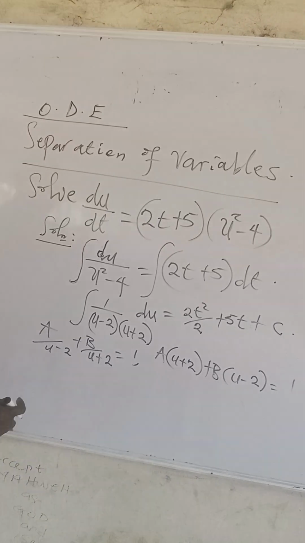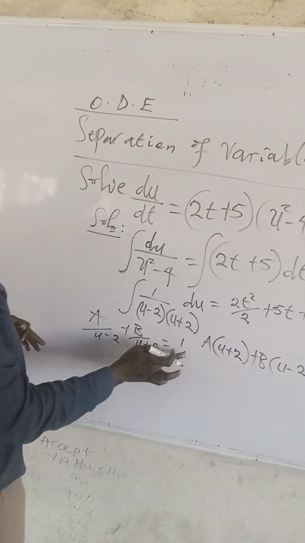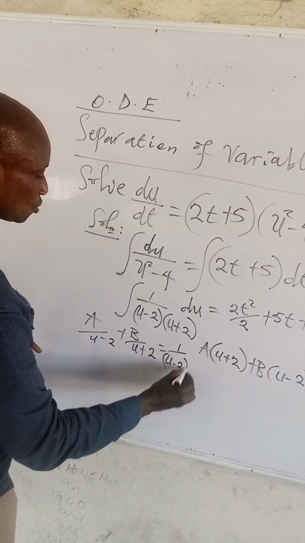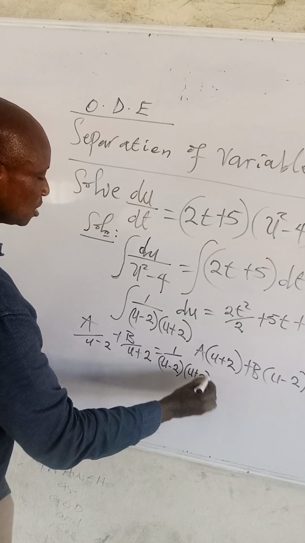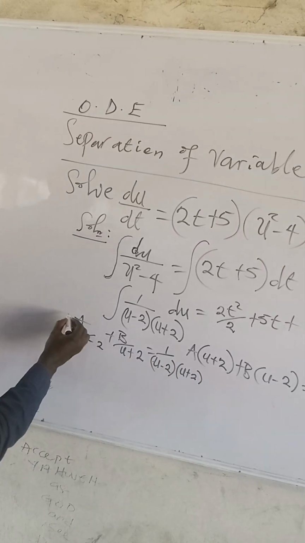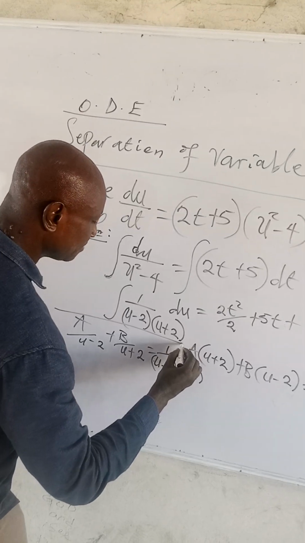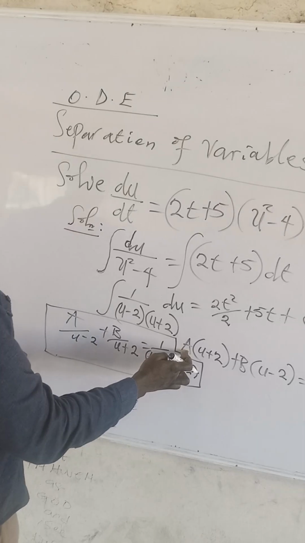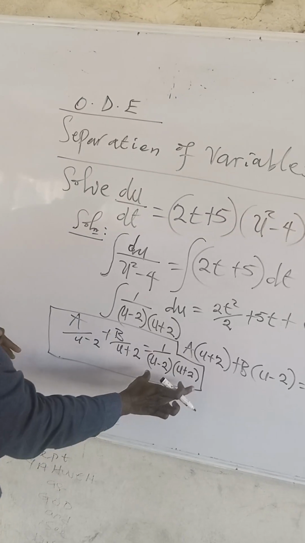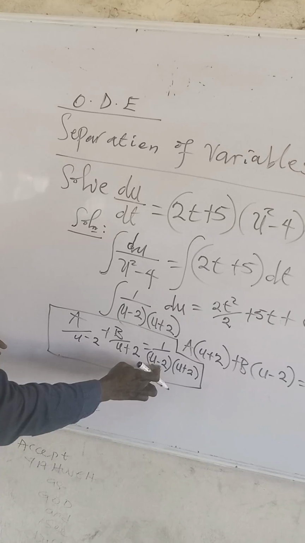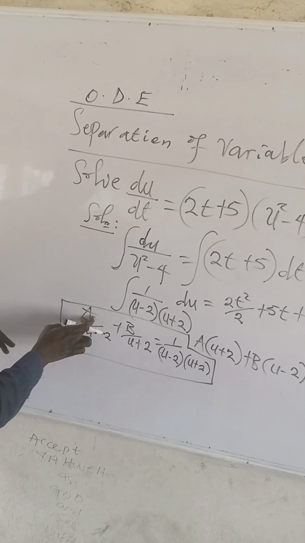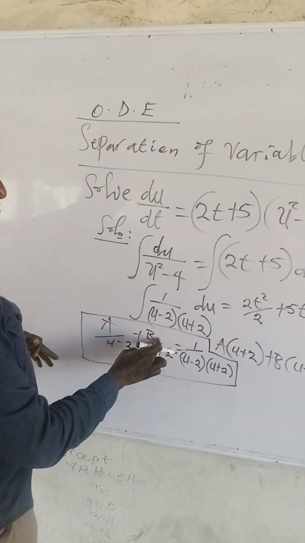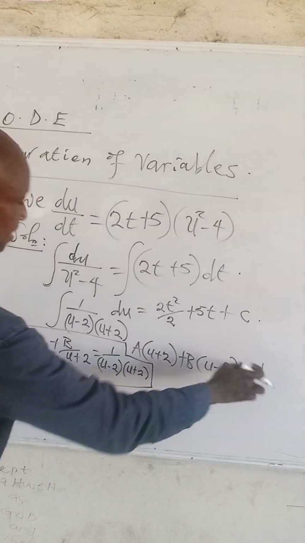Take note too that this is expected to be over (u minus 2) times (u plus 2), so as to break it down in the partial fraction process to give us this format. As this multiplies this, it cancels this, and this is left to multiply A. (u plus 2) cancels this to give you (u minus 2) to multiply B. This is what we are saying is equal to 1.